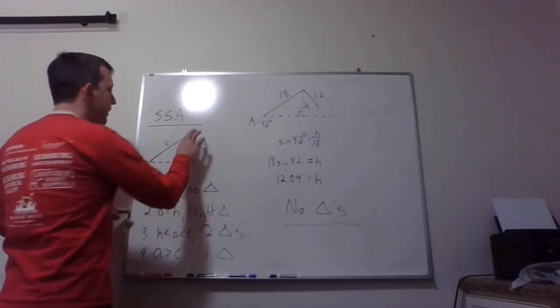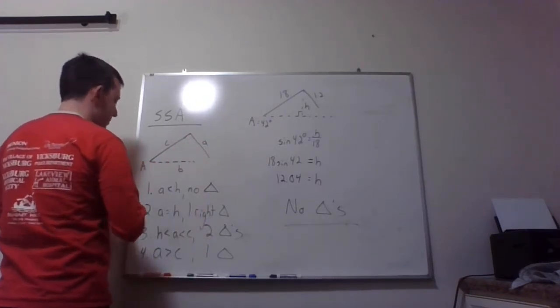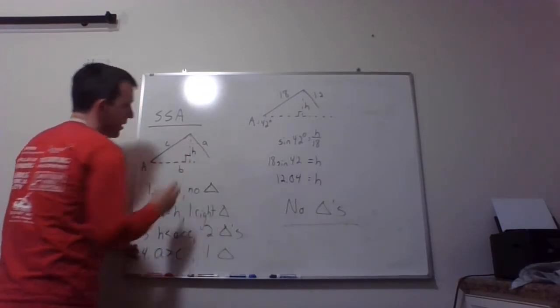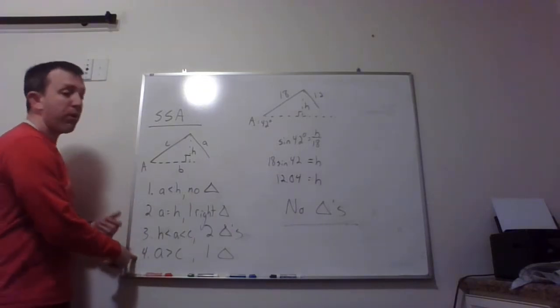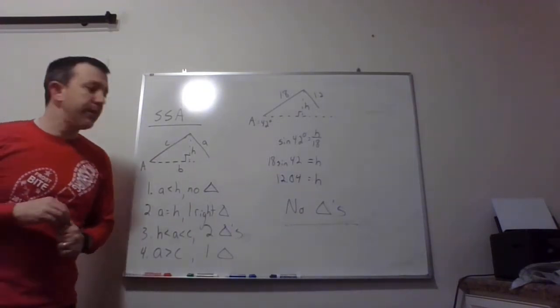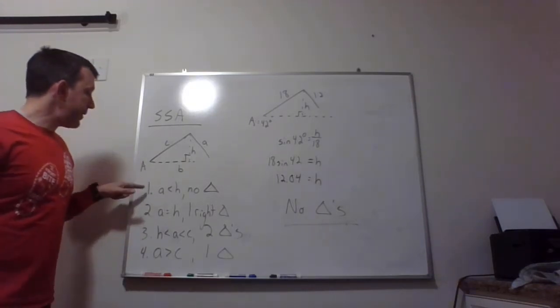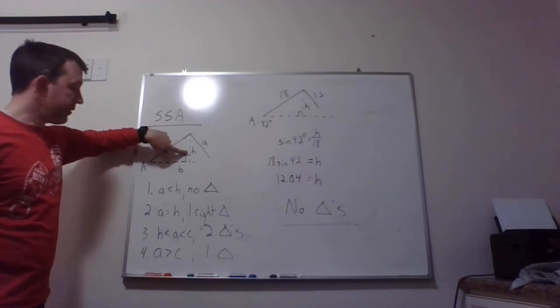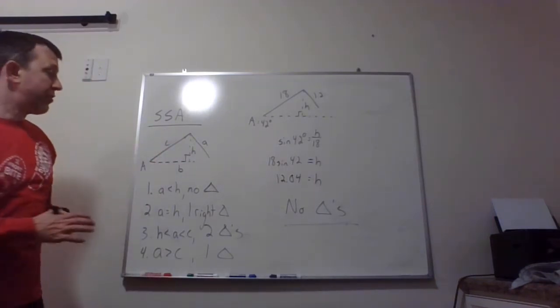So if you think about a triangle as having a height, we can come up with 4 different possibilities for the side-side-angle case, and that sounds like fun, doesn't it? The first one is actually really nice. If your dangling side is shorter than the height of the triangle, guess what? You don't actually have a triangle.